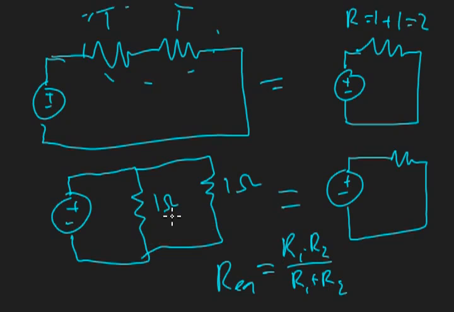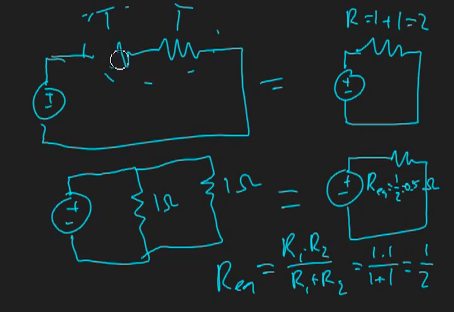So in this case, it's 1 times 1 over 1 plus 1, which I hope you know is 2. So 1 times 1 is 1, 1 plus 1 is 2, and our equivalent resistance, Req, is going to be 1/2 or 0.5. And that's of course measured in ohms.